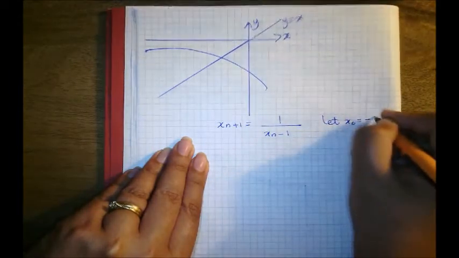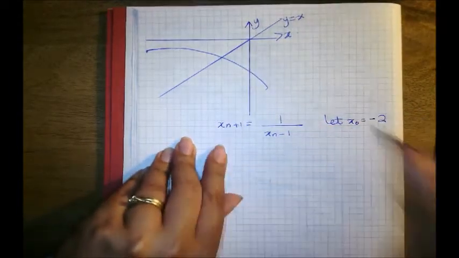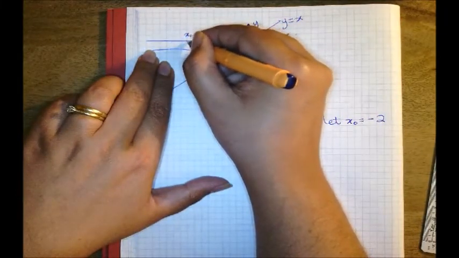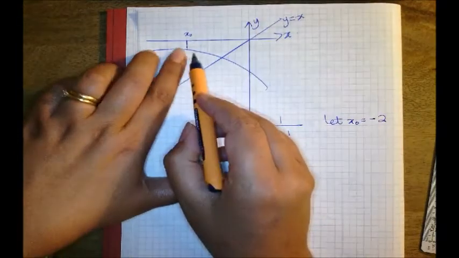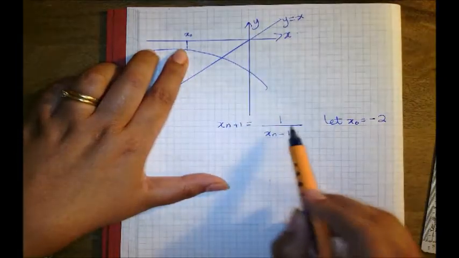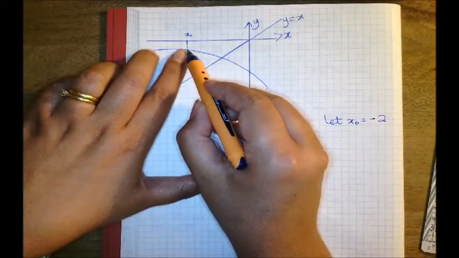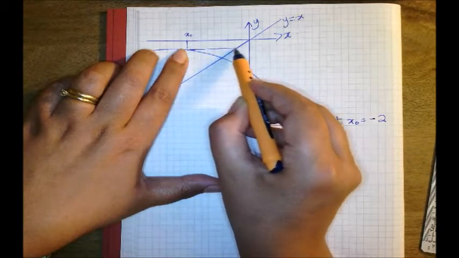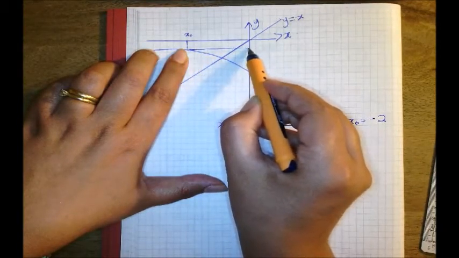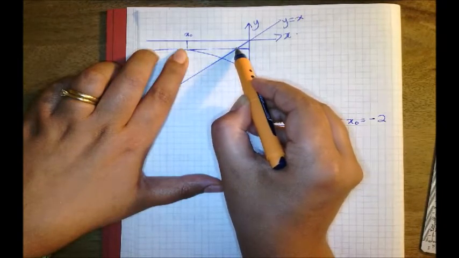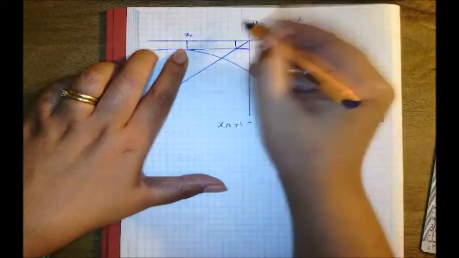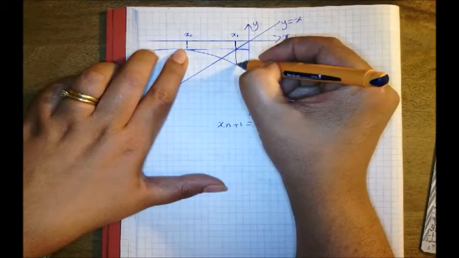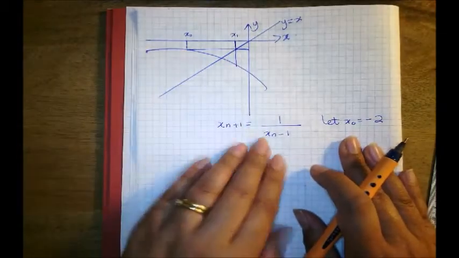So for the y-axis, the x-axis, still the line y equals x, so that's here. And 1 over x minus 1 is, I know, a reciprocal graph, and that's going to look a little bit like this.